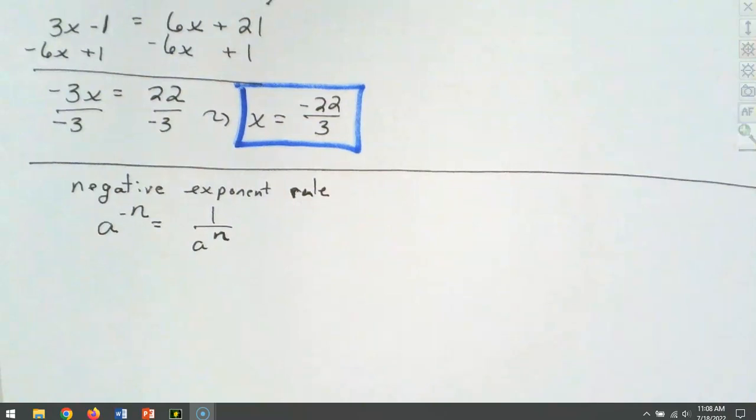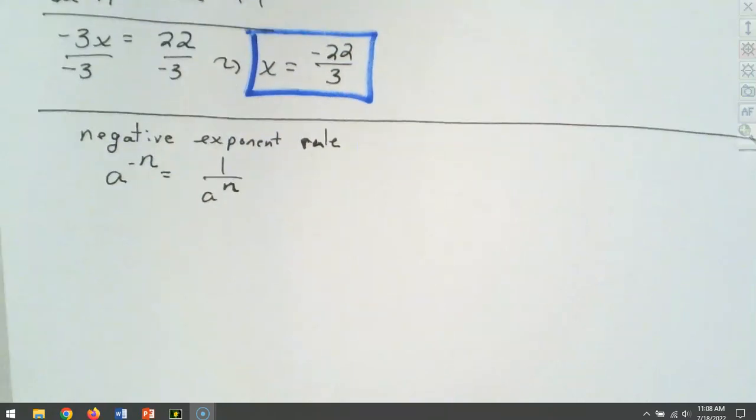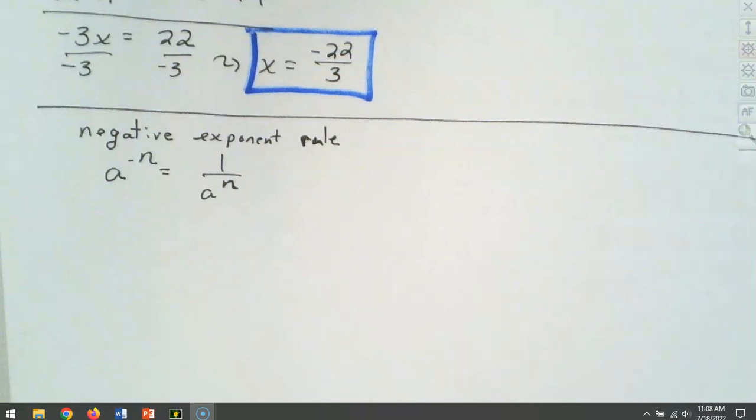Whenever we have a fraction, we're going to have to use our negative exponent rule and rewrite it as a whole number. So we're going to take these fractions and rewrite them.